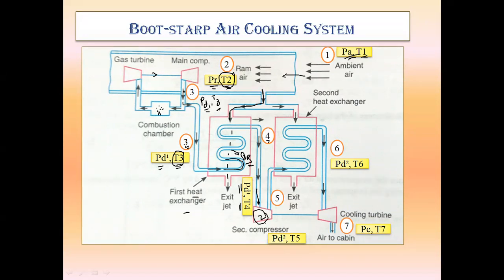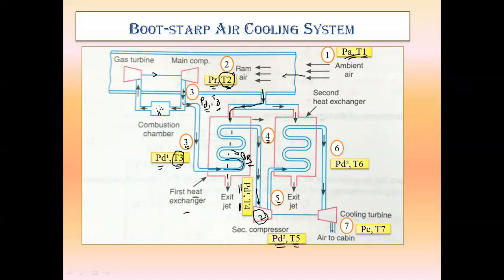The 4 to 5 process occurs inside the secondary compressor, where pressure will increase from delivery pressure 1 to the final delivery pressure, that is PD2. So pressure will increase from PD1 to PD2. At the same time, because of compression, the temperature of that air will also increase from T4 to T5.